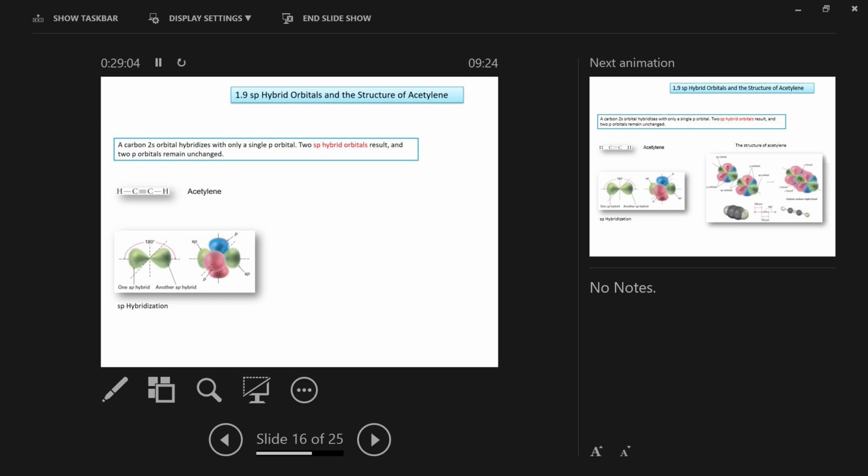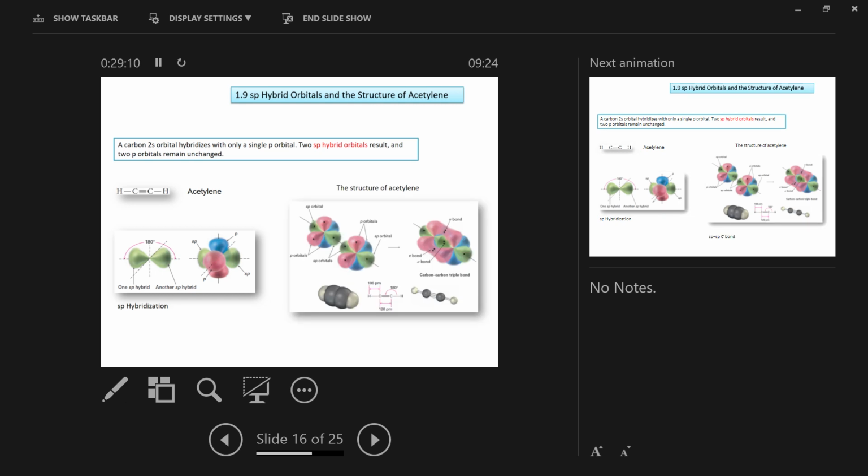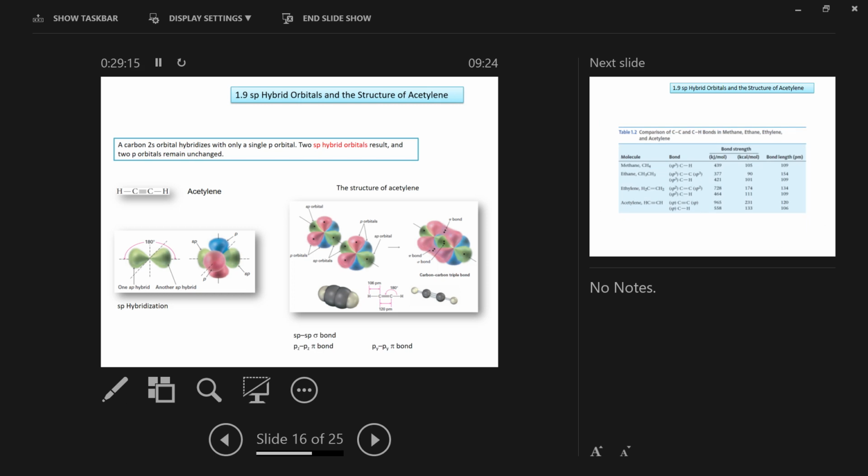Okay, but here the angle between the two substituents will be 180, as you can see in all these drawings. In this case, we say that we have three different bonds because we have an sp-sp sigma bond, a pz-pz pi bond, and a py-py pi bond. Okay.